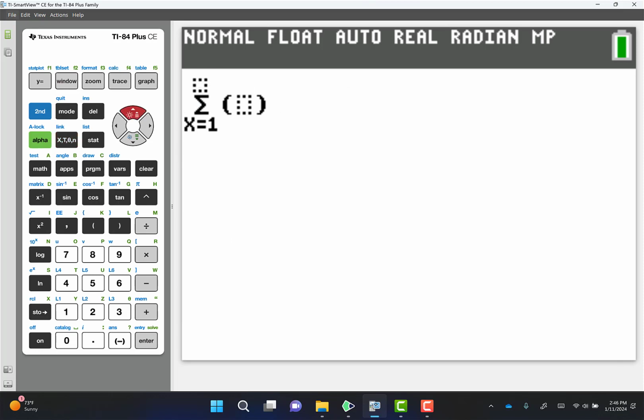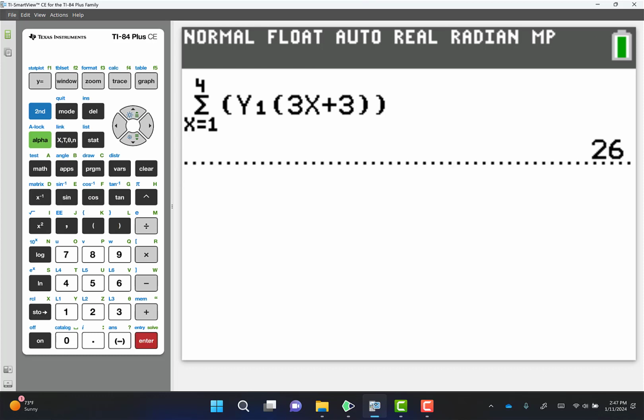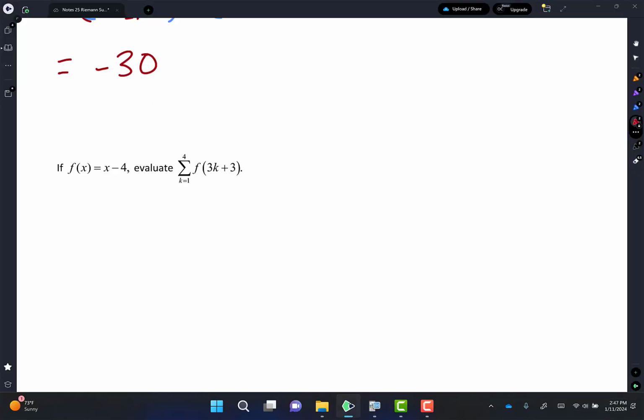And then I go all the way to what? 4. And then what do I put inside the parentheses? Alpha trace Y1. And then what do I do now? Open parenthesis. X plus 3. Is that what they had? 3x plus 3. Close it. And then enter. If you didn't make any mistakes, did you get 26? Can we do that over and over again?